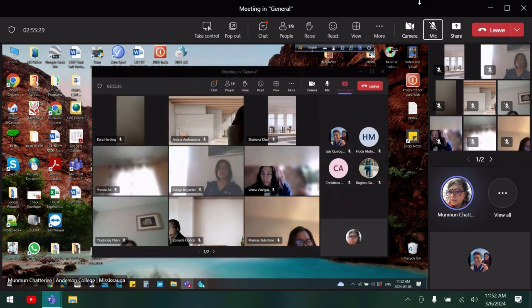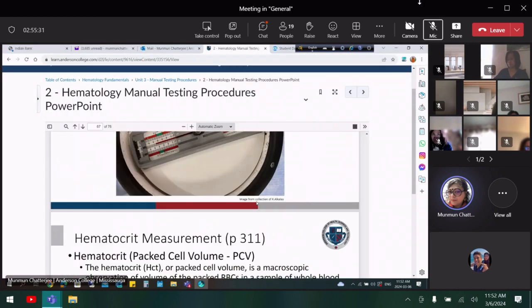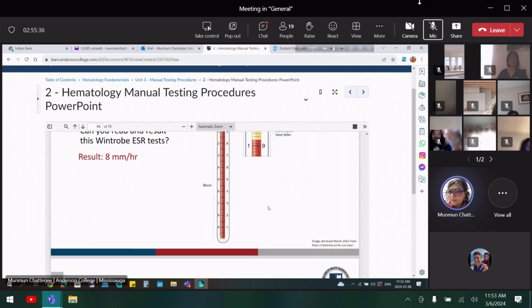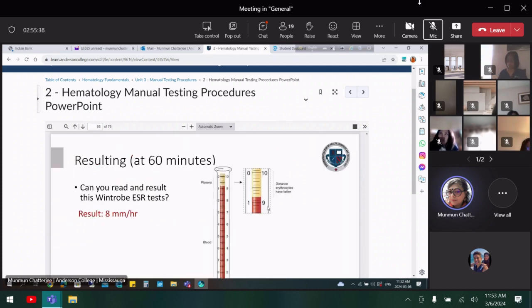Okay, so let us start with whatever's left there. So you guys have already learned about the hematocrit. Generally, along with the hematocrit we do the ESR.